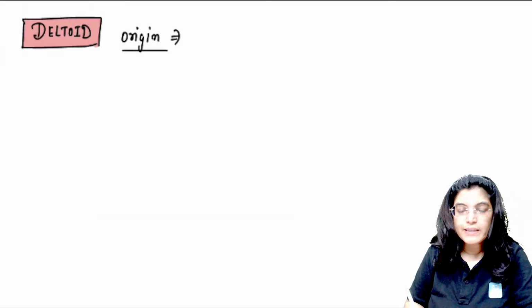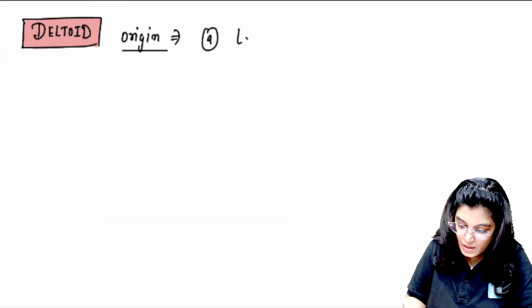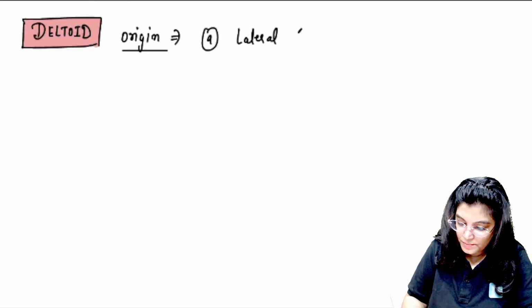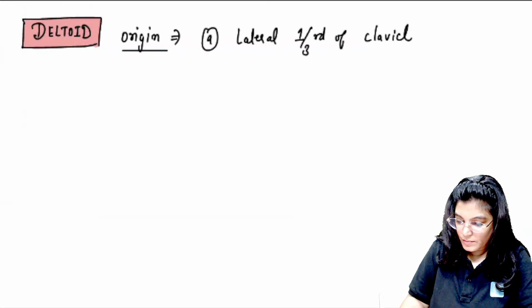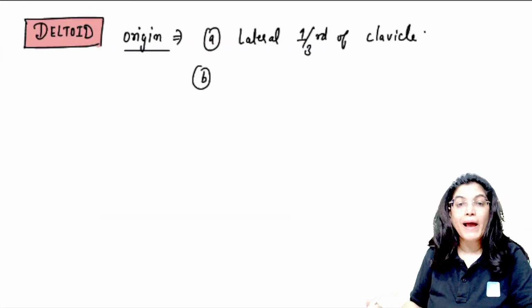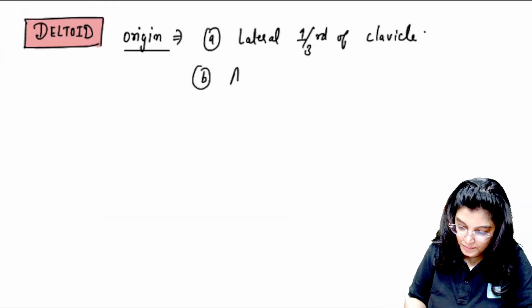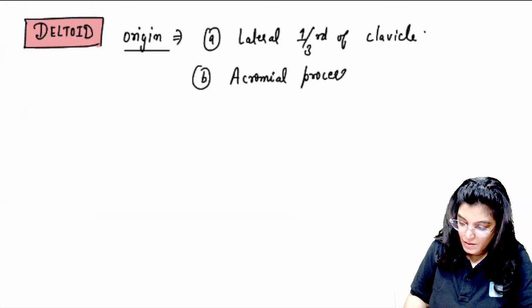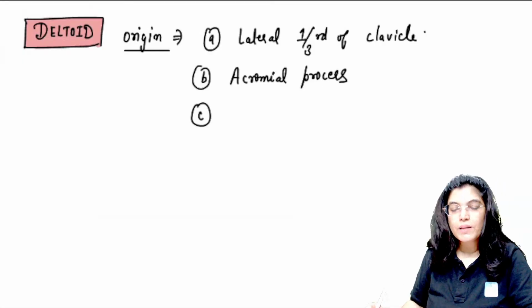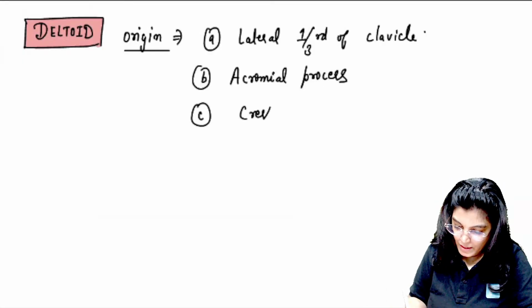It is originating from three sources: the lateral 1/3 of the clavicle. It is also originating from the acromial process. It is also originating from the spine of the scapula, the crest of the spine of the scapula.